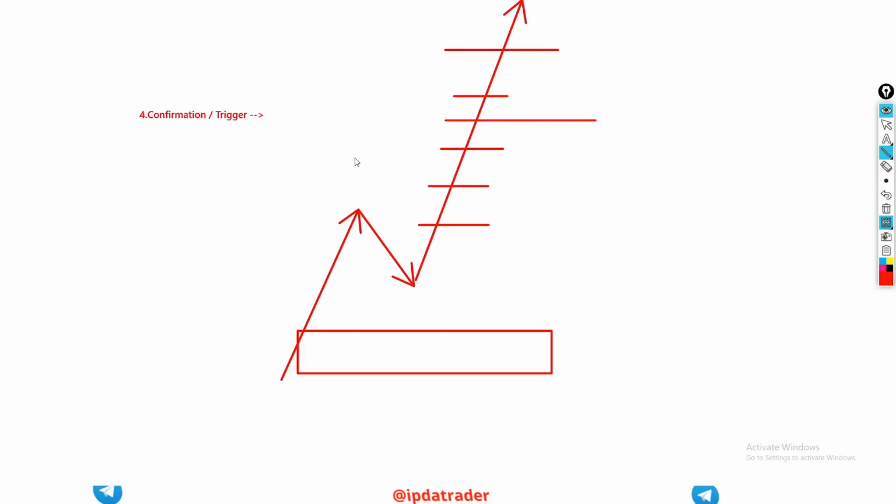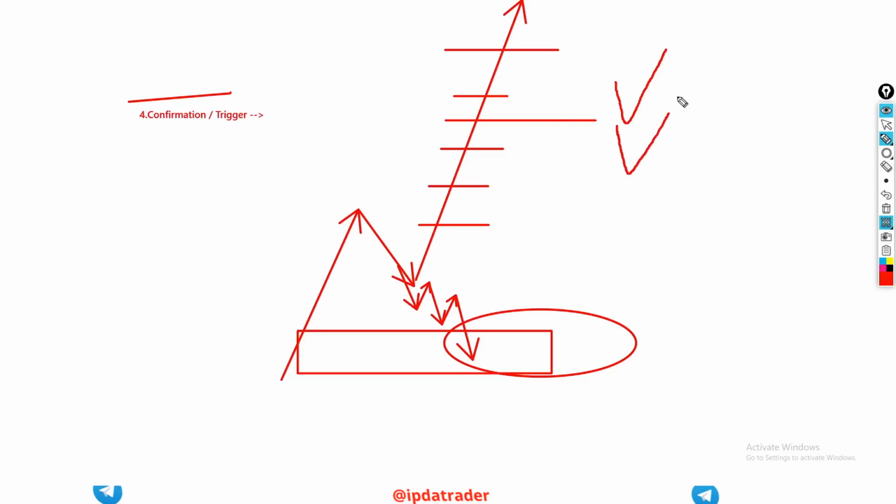So it's pretty important that you wait for your confirmations only inside your point of interest, which means once price reaches your point of interest, then you can look at lower time frames to potentially catch your confirmation. The confirmation I'm going to show you now is pretty powerful, and works very well if you have structure right, liquidity grabs, and the impulse move has been retraced more than 61%.